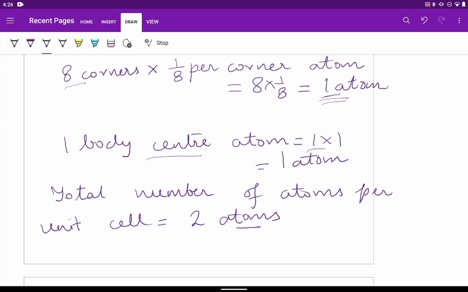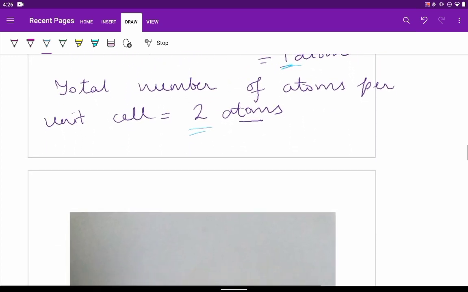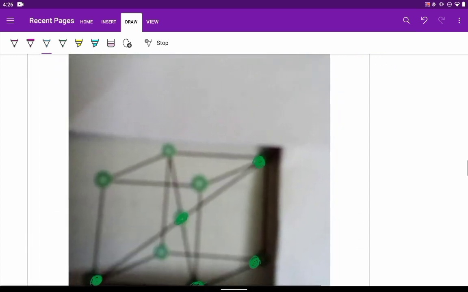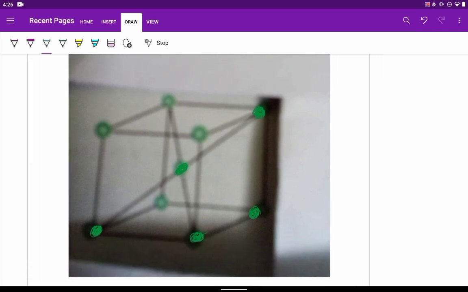1 from the corners and this one from the center, added together we get the total number of atoms per unit cell equal to 2 atoms. You see, one is at the center.